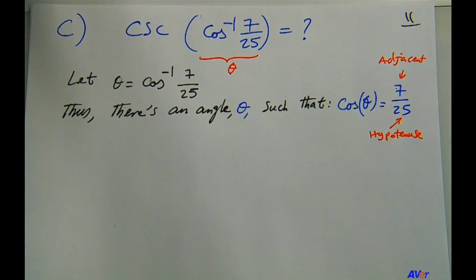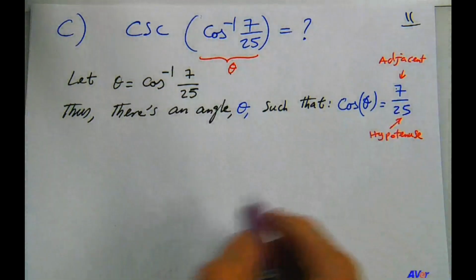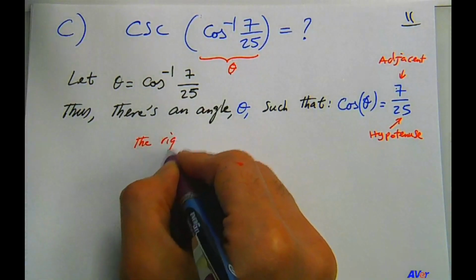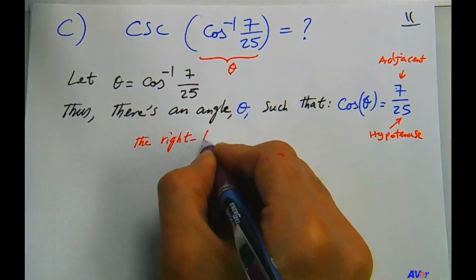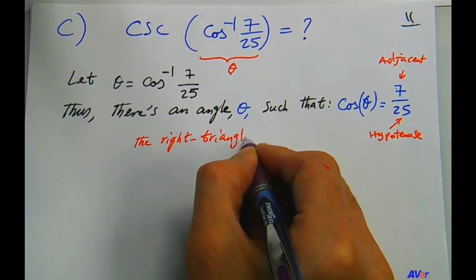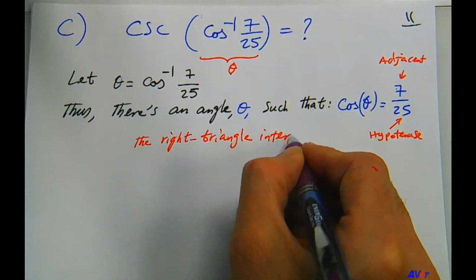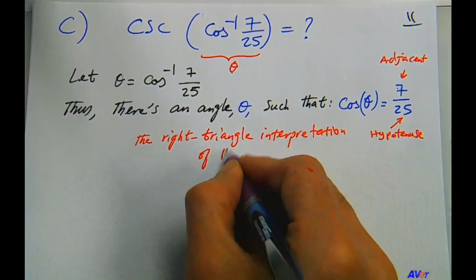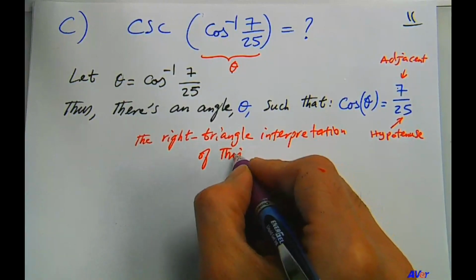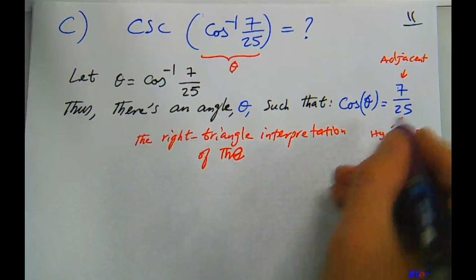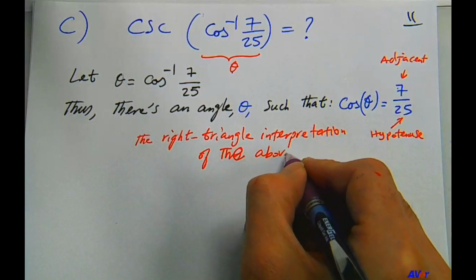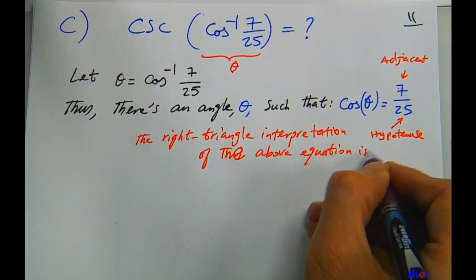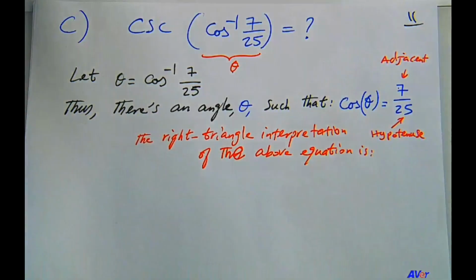So the right triangle interpretation of the above equation is as follows. Let's draw that.